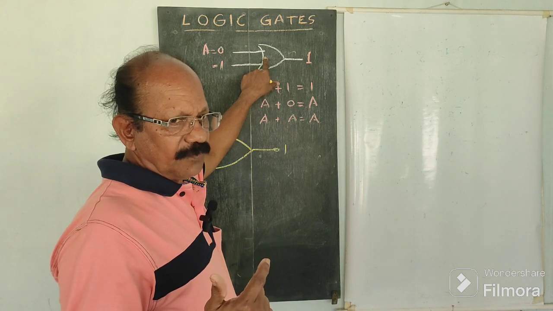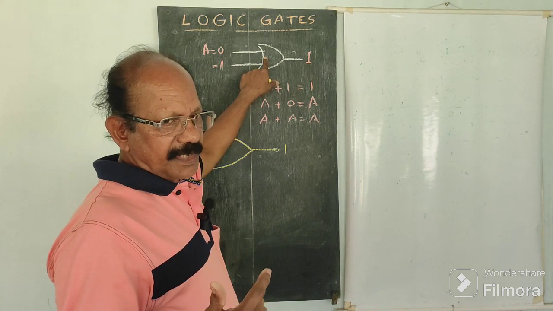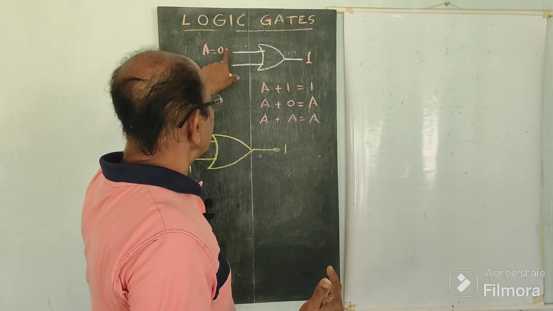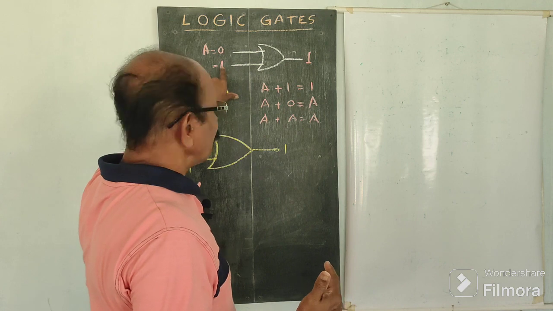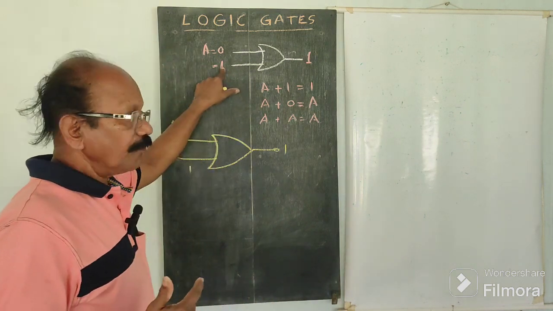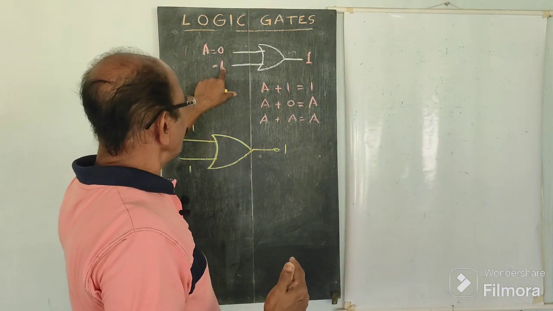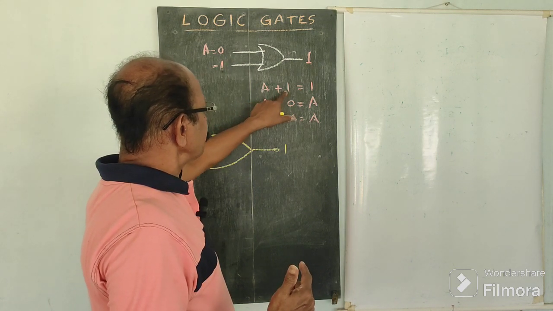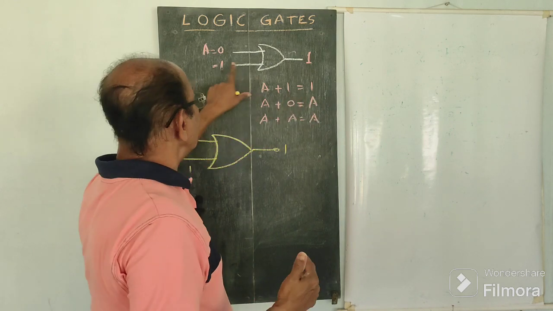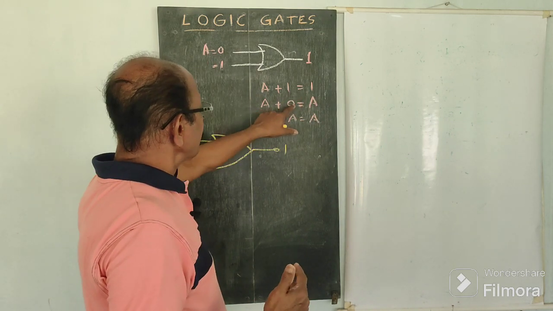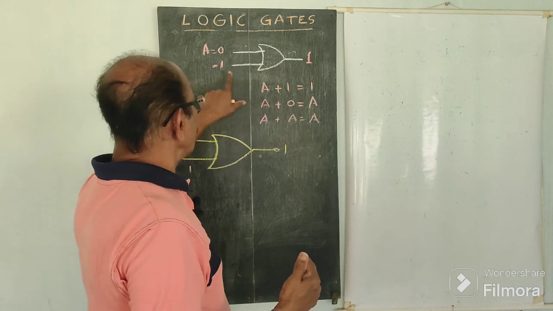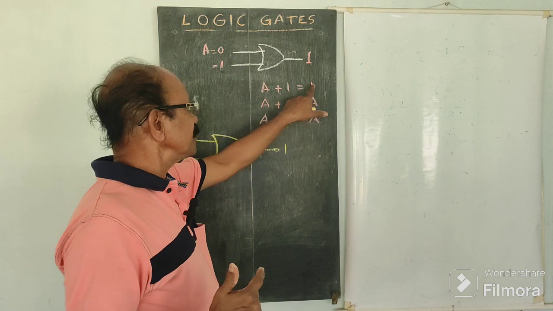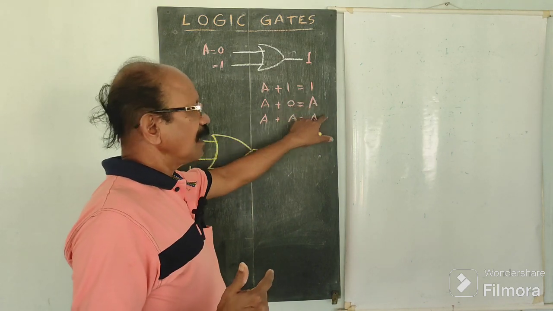1 plus 1 is equal to 1. That means in general terms, here the input A is equal to 1 or 0. Then the output is: A plus 1 is equal to 1, A plus 0 is equal to A, and when both inputs are A, the output is A. That means it is high.